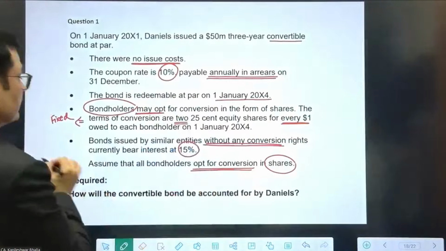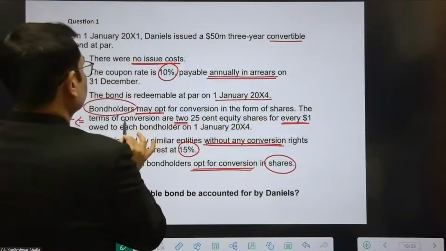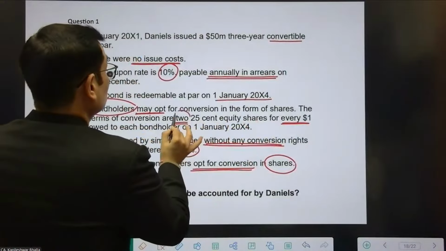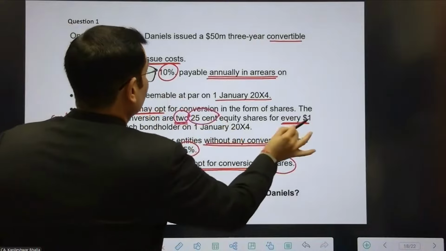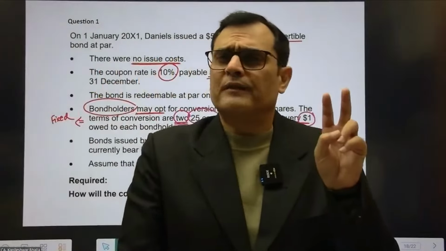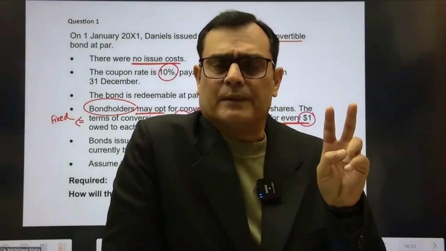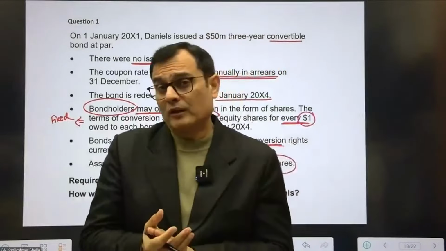It says out here that they may opt for conversion, and the conversion ratio is that you're going to give them two shares, which are 25 cents each, for every $1. If you're going to give them two shares of 25 paisa, let's call the cents as paisa, that comes to 0.5 against $1.